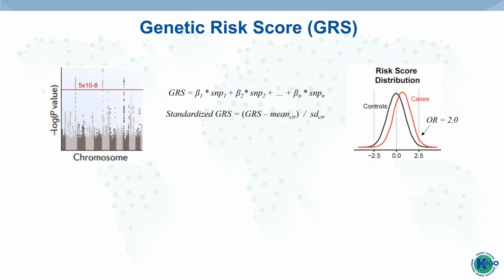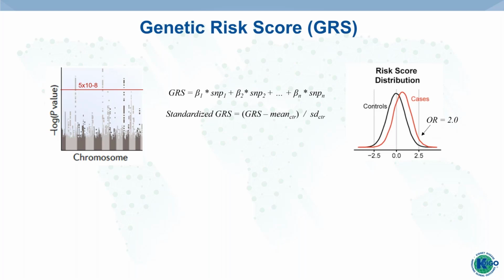So when the risk score is graphed as a distribution for cases and controls, if the risk score is performing well, it will be shifted for the cases towards higher risk, as you can see in the graphic on the right. And the degree of shift is, of course, reflective of the discriminative ability of the risk score.